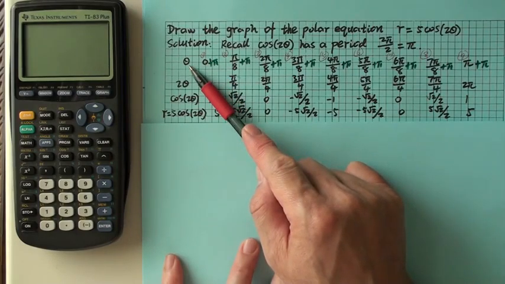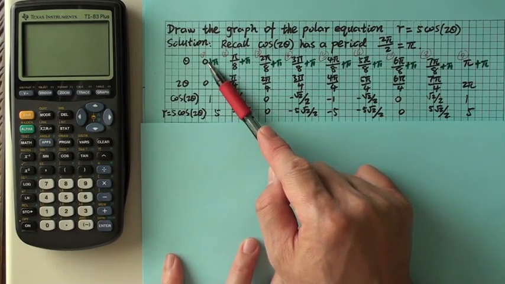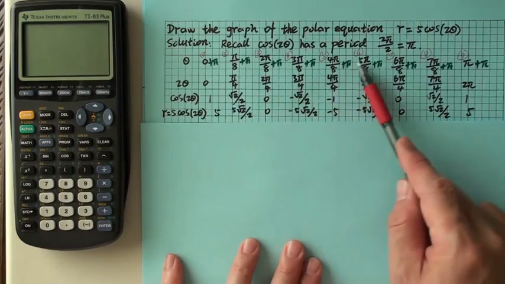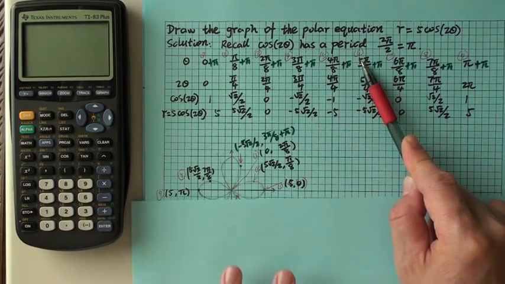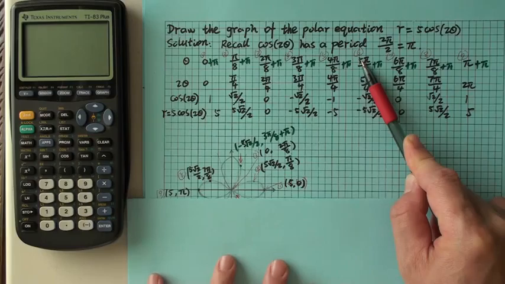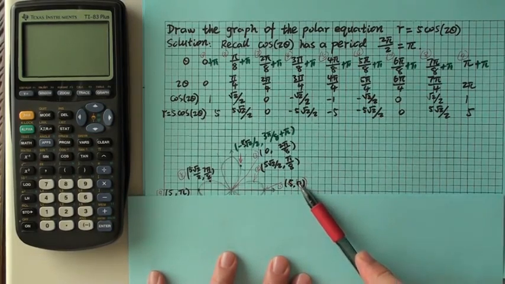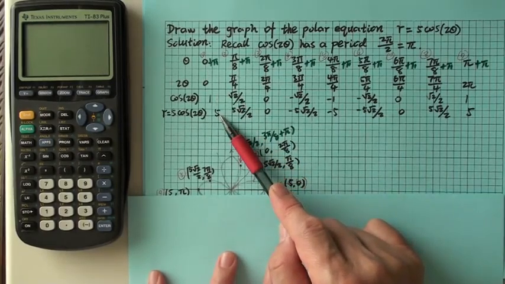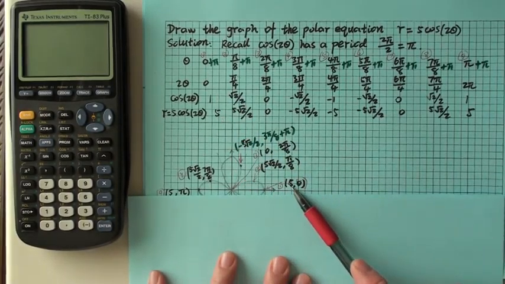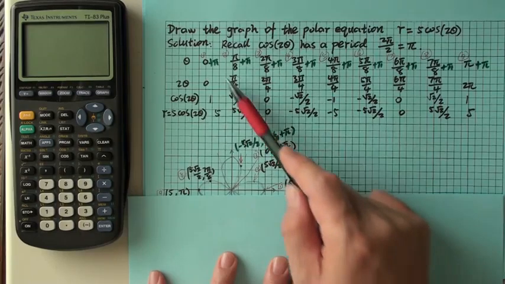We locate the angle first. 0 degrees, 5. So that will be our first point. Again, I said 0, 5, but you write 5 first, 0 second.